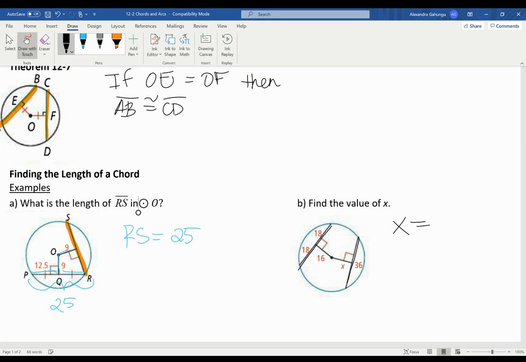So if I know that this guy is 16 and I know that my chords are congruent, then I know that they are the same distance away. So we're going to get 16 again. And that's it for chords for part 1.